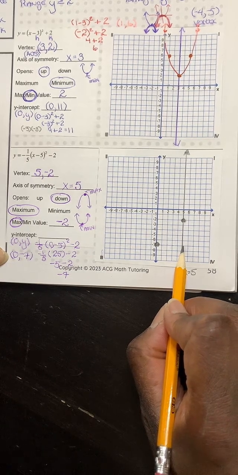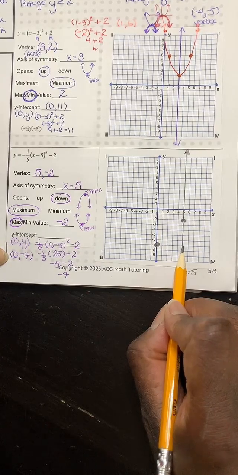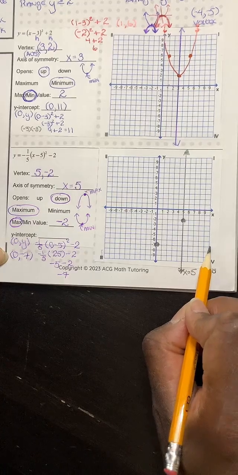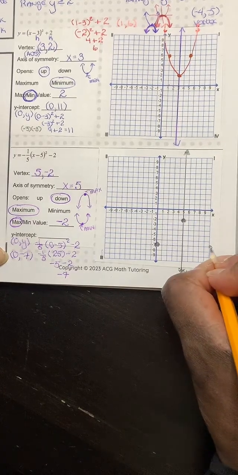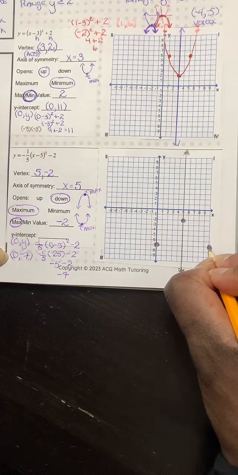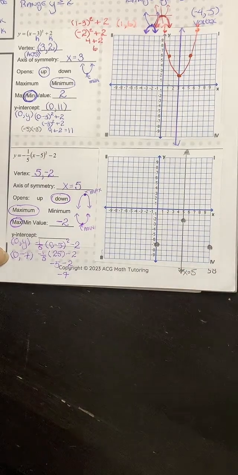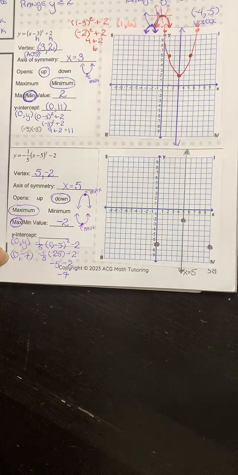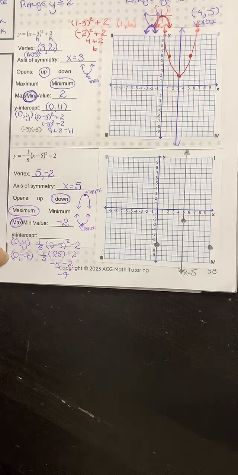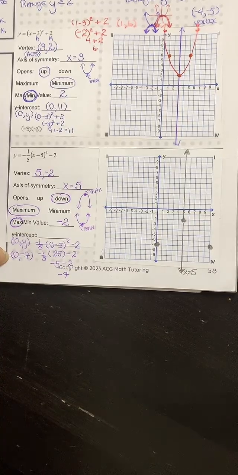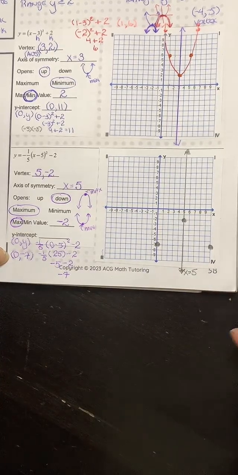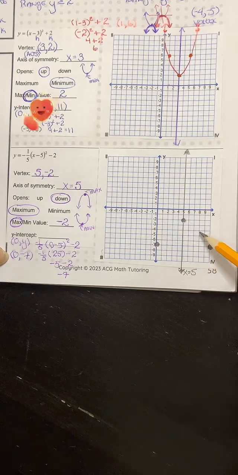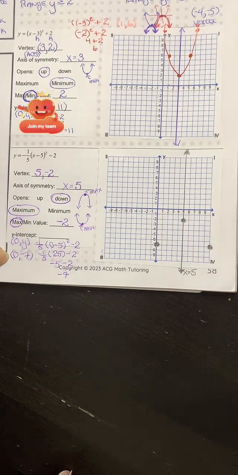So that means the mirror image of that point is 1, 2, 3, 4, 5 units away from my axis of symmetry. So now I've got 3 points. If they ever ask you to sketch a graph, or you just want to sketch a graph to solidify your thought process, this is perfectly fine because I can see roughly where this parabola is going to be going. Okay?